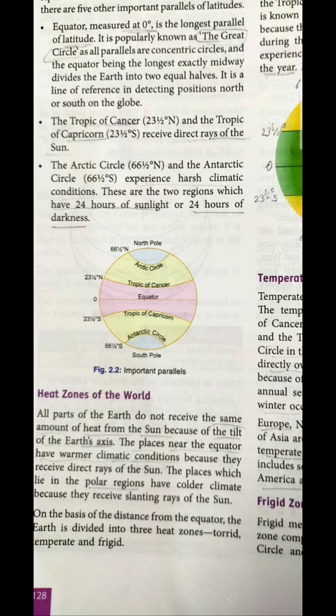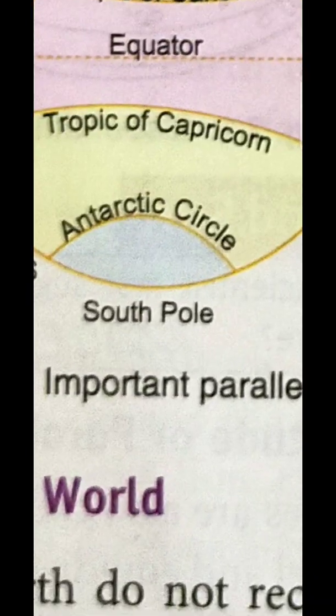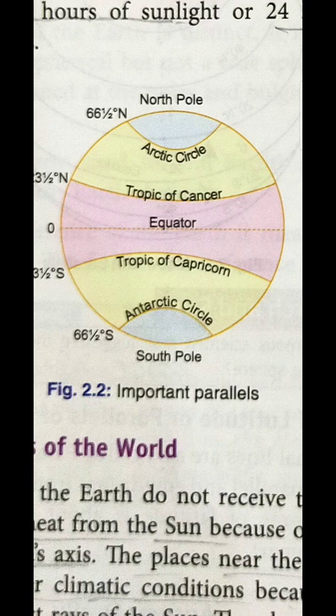The great circle is actually the longest circle, known as the equator as well, which divides the earth into two equal halves. The above part represents the northern hemisphere, and the below part represents the southern hemisphere. Above the equator from the north side, here is the Tropic of Cancer. Above the Tropic of Cancer there is the Arctic Circle, and above the Arctic Circle there is the North Pole.